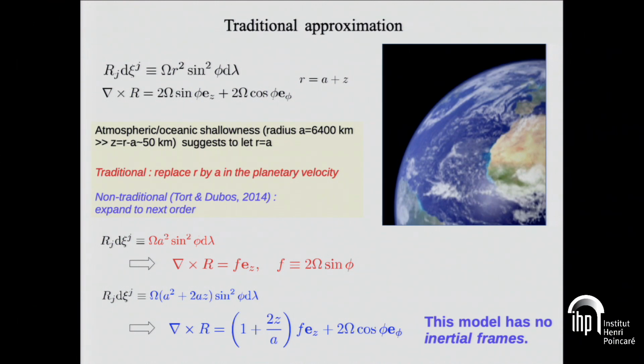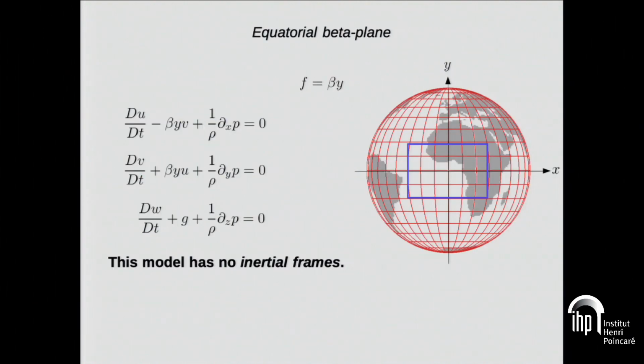So maybe we did this with a student, Marine Tar, a few years ago. So maybe we were wrong. We produced an inconsistent model, but in fact, we had an excuse because other people before us did that. Right? The same defect is shared by the beta plane approximation. It's an approximation where you work close to the equator.